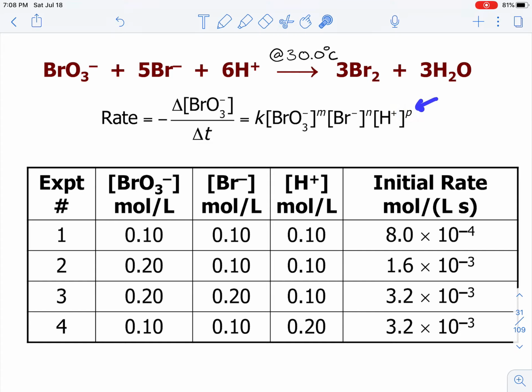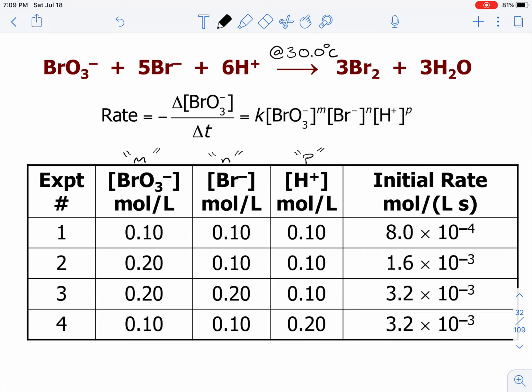This exponent doesn't have to be p, it can be o, a, or b, it doesn't really matter, it's just a variable. To help us organize our work, since we're working with 3 reactants instead of 2, I'm going to write lowercase m above the bromate, lowercase n above bromide, and lowercase p above hydrogen ion.